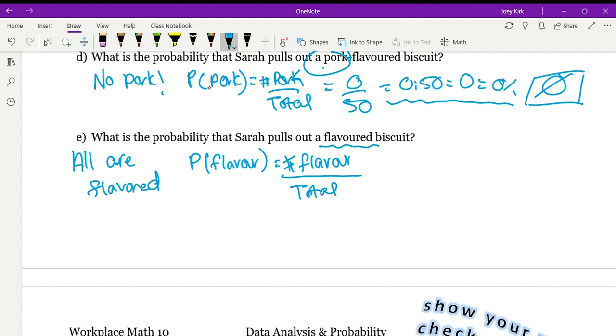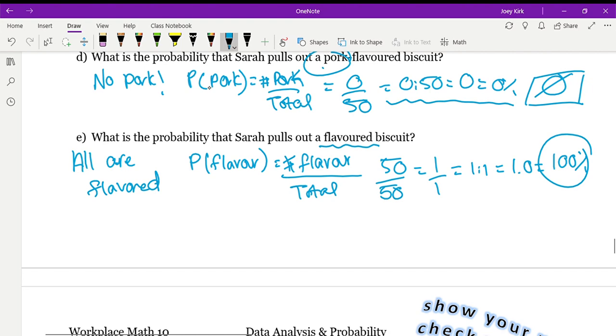And because they're all flavored, that's just 50 out of 50, okay, which is the same as 1 over 1, or 1 to 1. As you can see, I'm just going through it all to show you, but you don't have to write that. You could just say the probability is 1 or 100%, okay? So they're all flavored. It's 100% likely that she'll get a flavored biscuit.